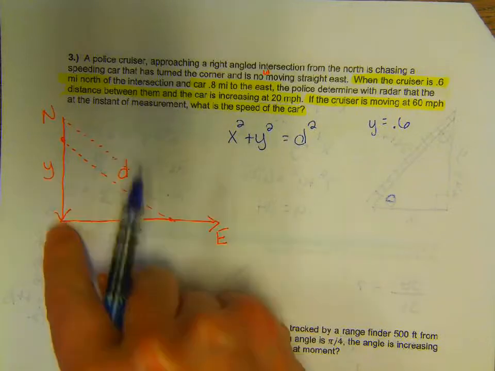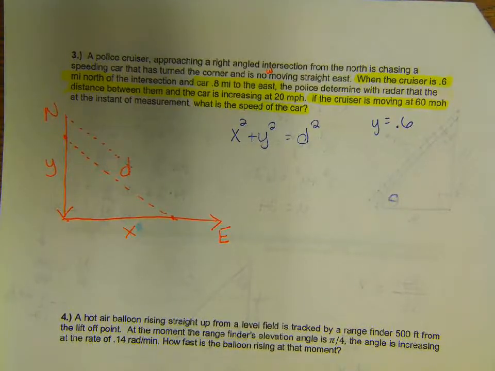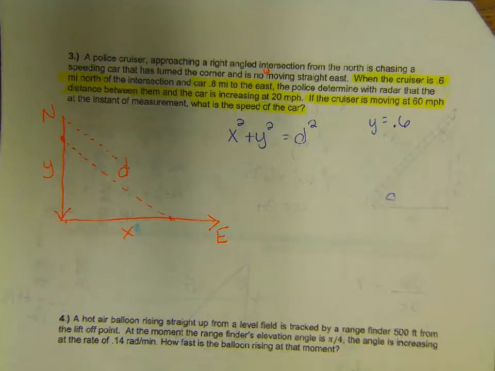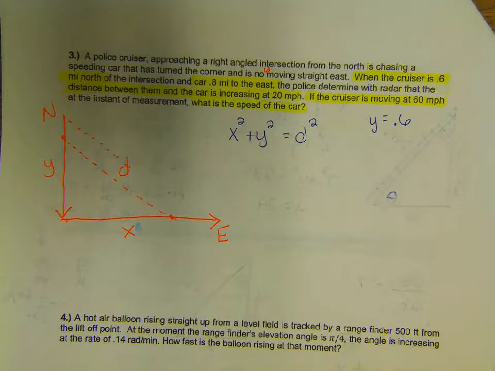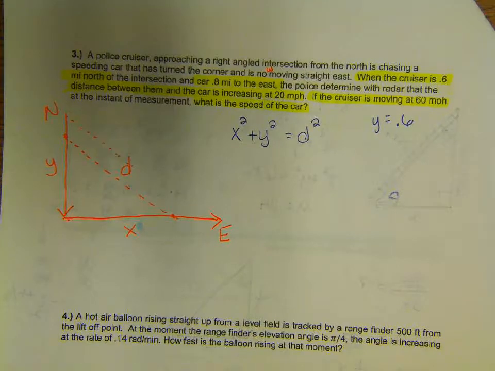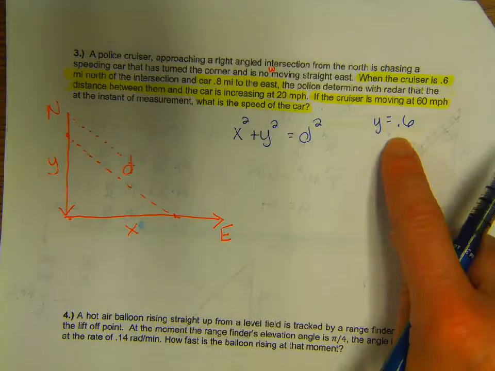It is, and so I'm going to wait to put it in at the end. If it never changes, you can put it in at the beginning. Otherwise, if you put it in now and take the derivative of 0.6 squared, it is 0, and you'd forget about the dy/dt, and we need it in there. Are you told dy/dt?